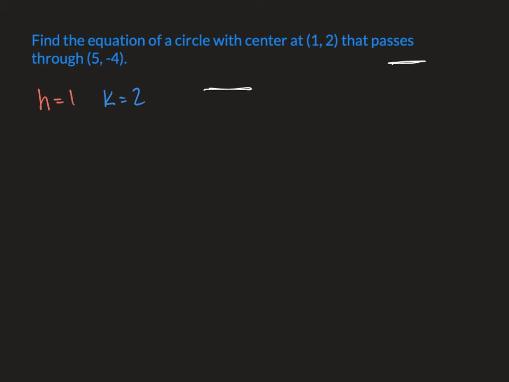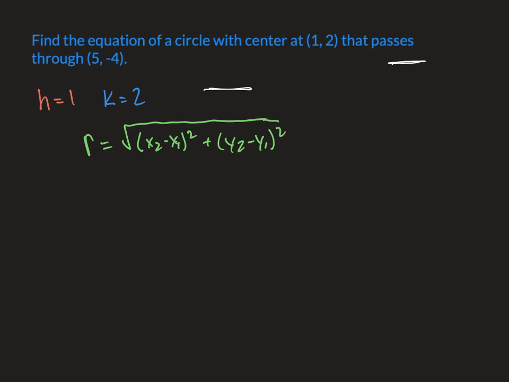Now to find r, we're going to have to do a little more complicated calculation this time. The distance formula, if you'll recall, is the square root of x2 minus x1 squared plus y2 minus y1 squared.